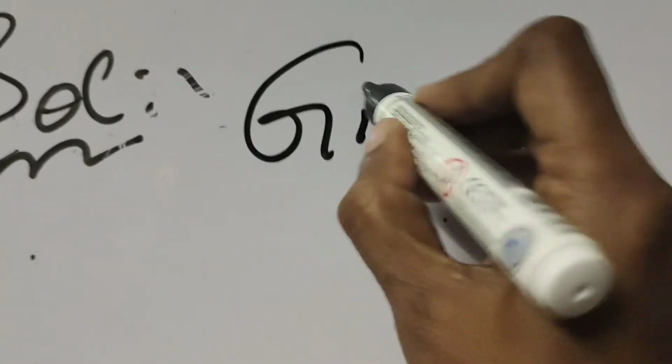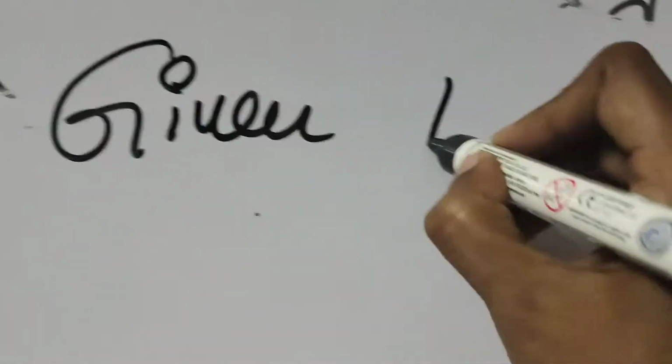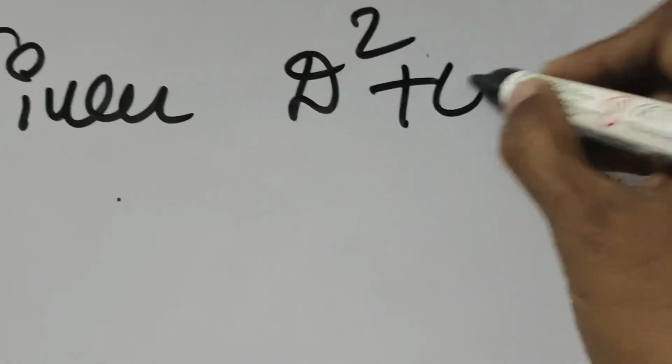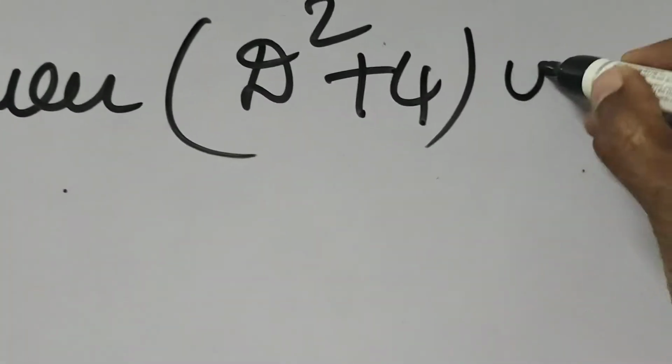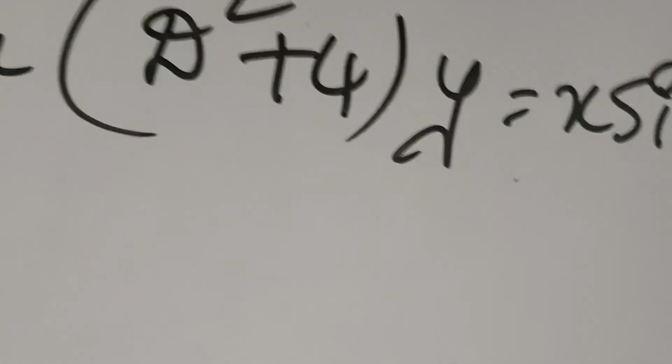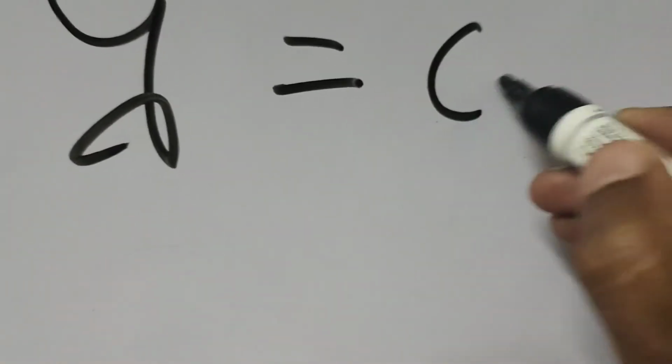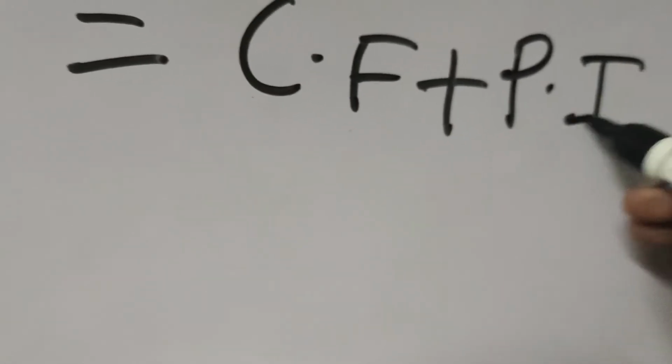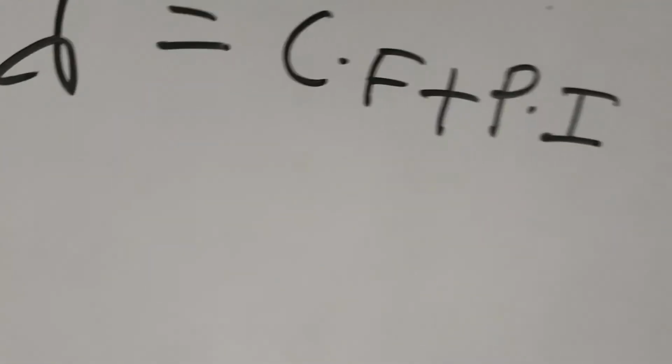First of all, write the given problem: (D² + 4)y = x sin x. This is the given problem. The solution means we find y equals the complementary function (CF) plus the particular integral (PI).